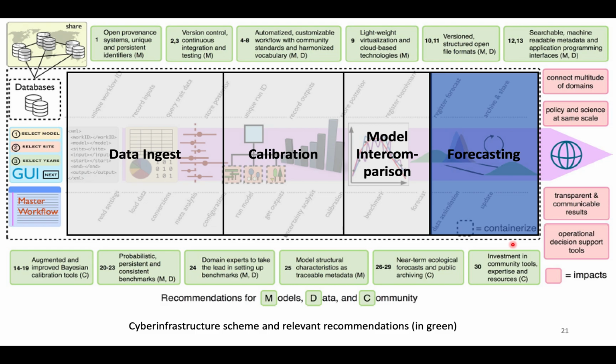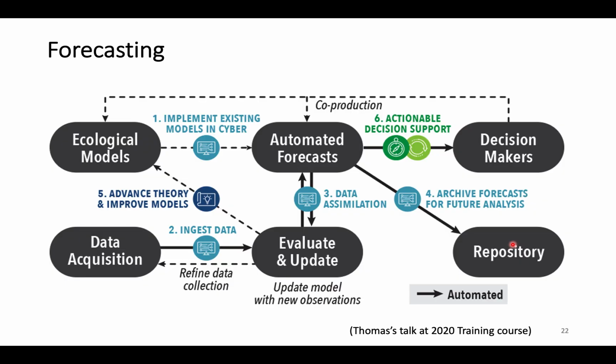The final challenge of cyberinfrastructure is from forecasting. Generally, forecasting starts with the development of ecological models that are repeatedly executed to generate a forecast with a time horizon like weekly.